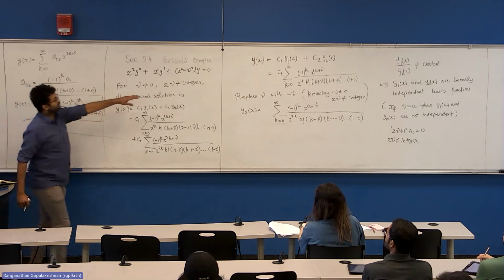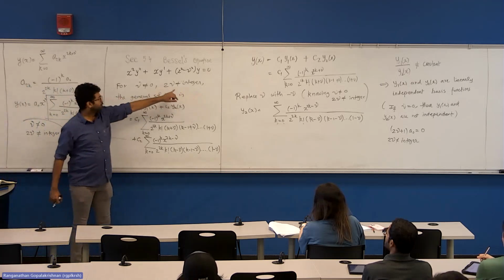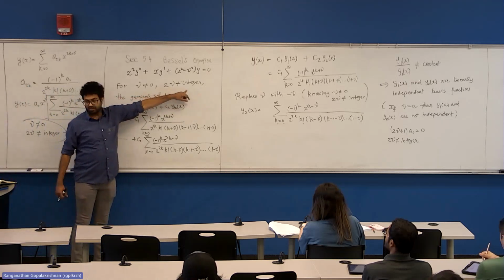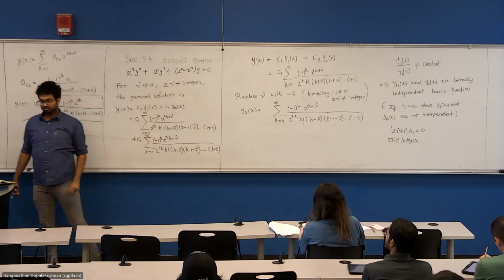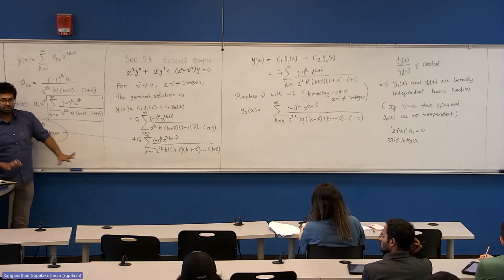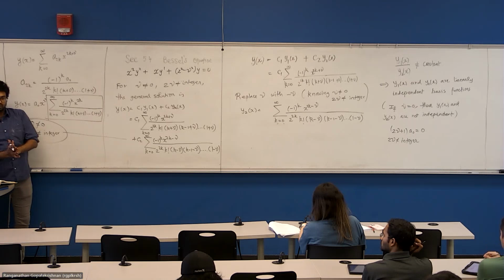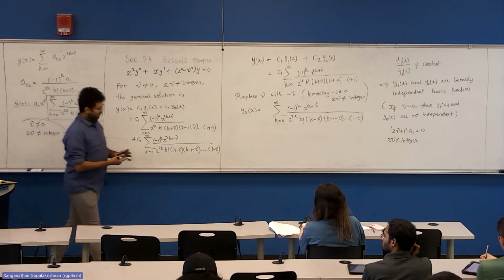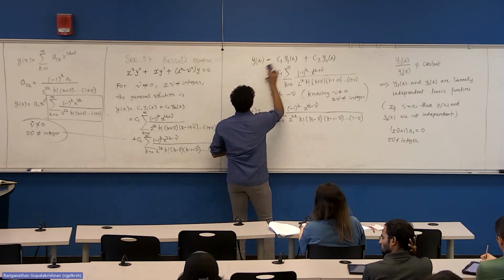I didn't say 1, I said integer. So if nu is 7.5, this condition is still met. Are we together so far? Yeah. Okay. So then we jump on to the next special case.